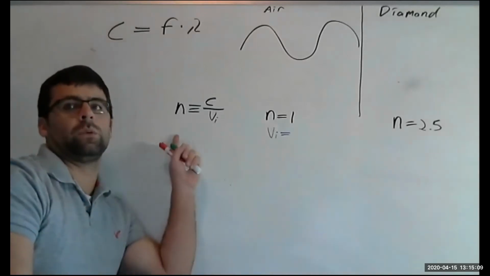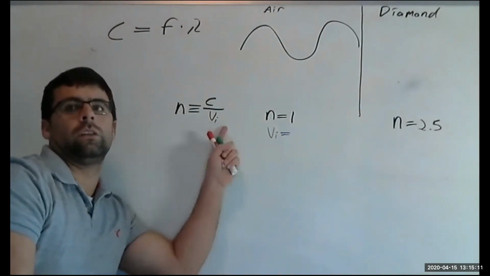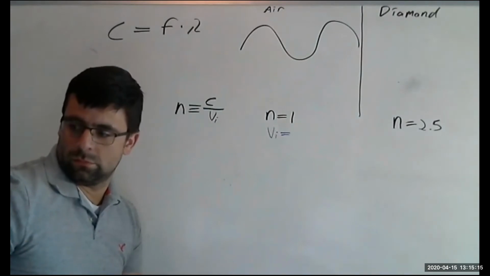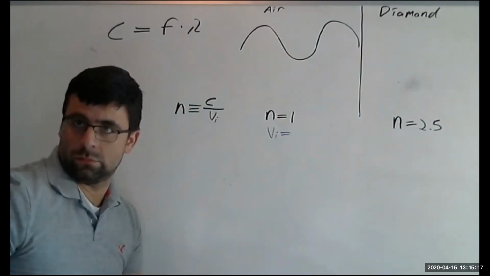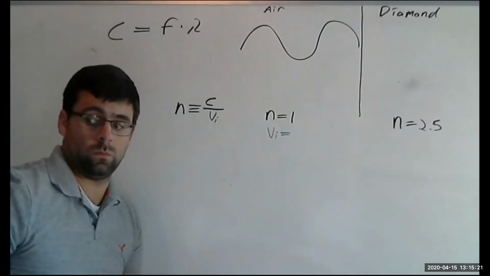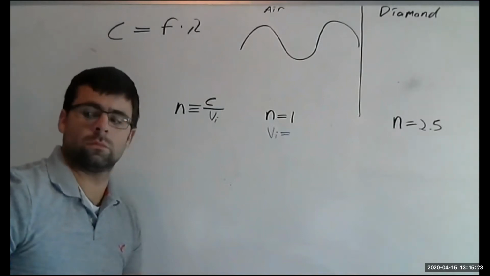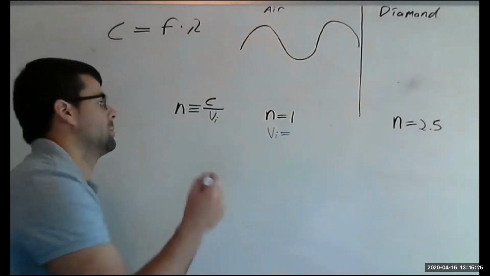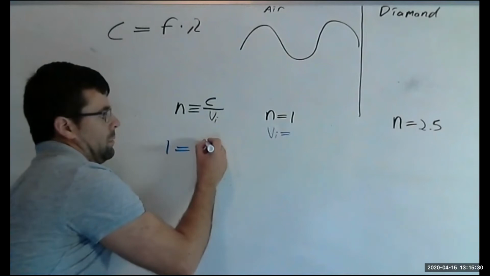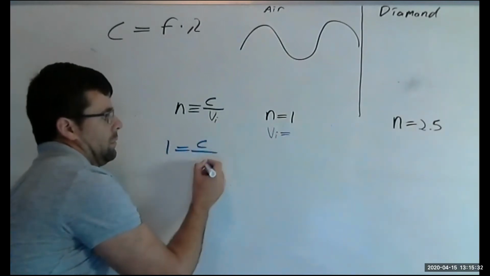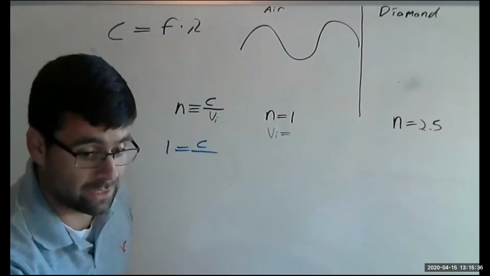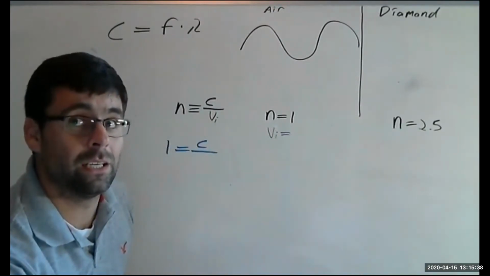If n equals 1, then what does the number on the bottom have to be? 1, right? Either that or both numbers on the top and the bottom have to be the same, which means the one on the bottom is 2.5.